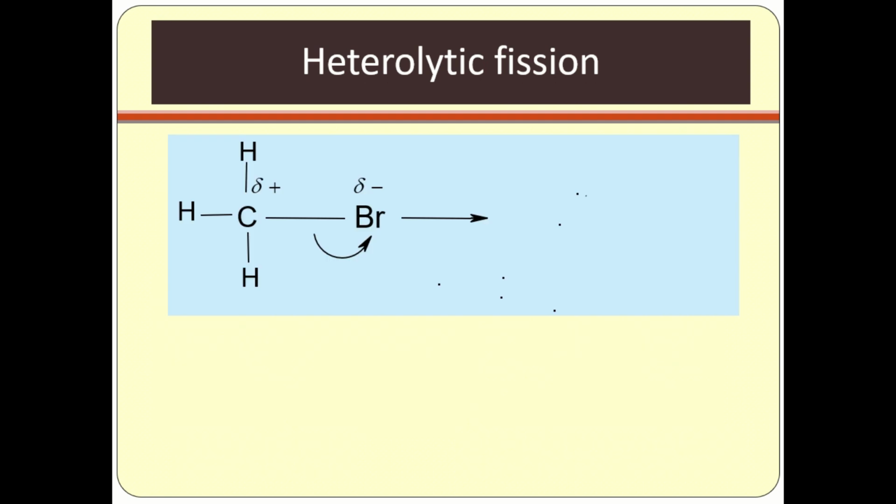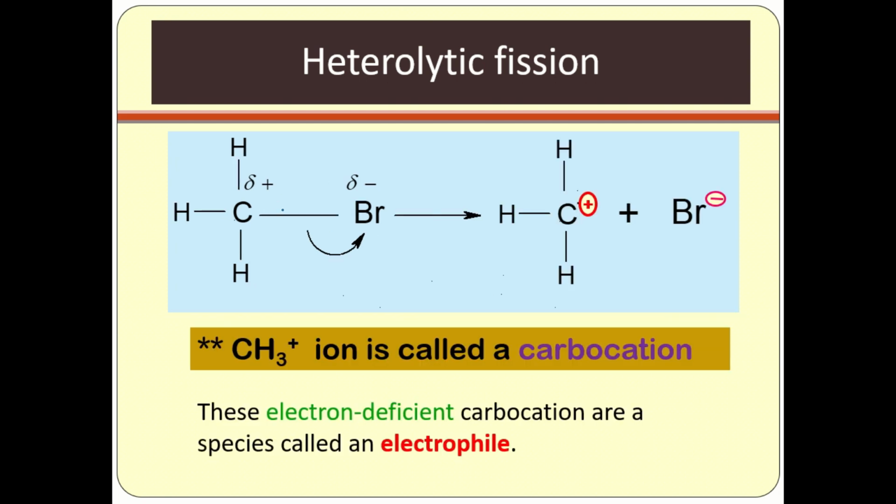Let's use the same halogenoalkane molecule, CH3Br, again. When heterolytic fission of this CH3Br, bromomethane molecule, happens, bromine, as the more electronegative atom, will take both the electrons. So bromine took both the electrons and became the anion with a lone pair of electrons.